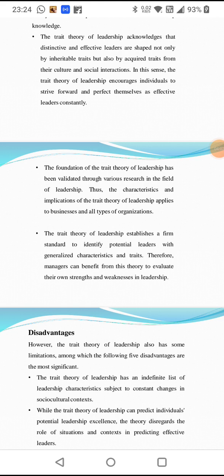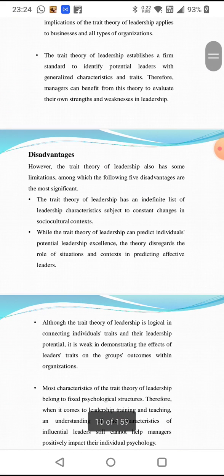Next, coming to the disadvantages of the trait theory. The trait theory of leadership also has some disadvantages. It has an indefinite list of leadership characteristics, subject to constant changes in socio-cultural context.